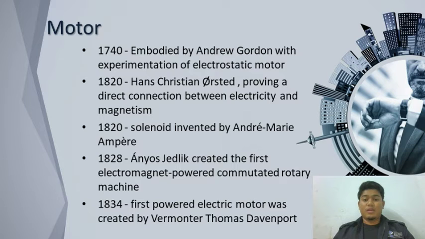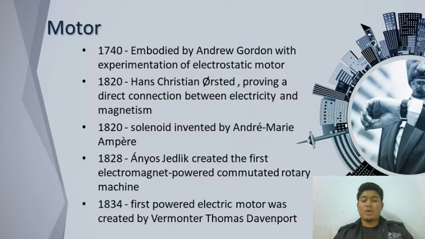Okay, first the motor. The motor was embodied by Andrew Gordon with experimentation on the electrostatic motor in 1740. Then in 1820 Hans Christian Ørsted proved a direct connection between electricity and magnetism. In the same year, the solenoid was invented by André-Marie Ampère. Eight years later, Ányos Jedlik created the first electromagnetic powered commutated rotary machine.